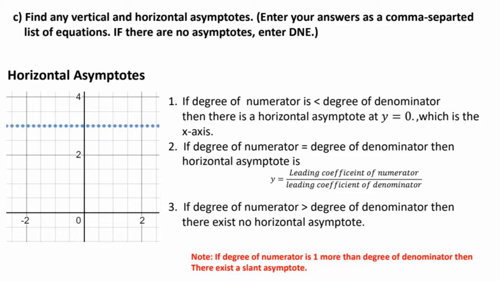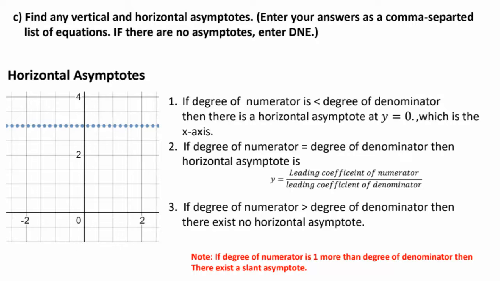If the degree of the numerator is equal to the degree of the denominator, then the horizontal asymptote is the ratio of the leading coefficient of the numerator divided by the leading coefficient of the denominator. And the last case: if the degree of the numerator is greater than the degree of the denominator, then there exists no horizontal asymptote, but this can lead to possibly having a slant asymptote. So these are our cases.